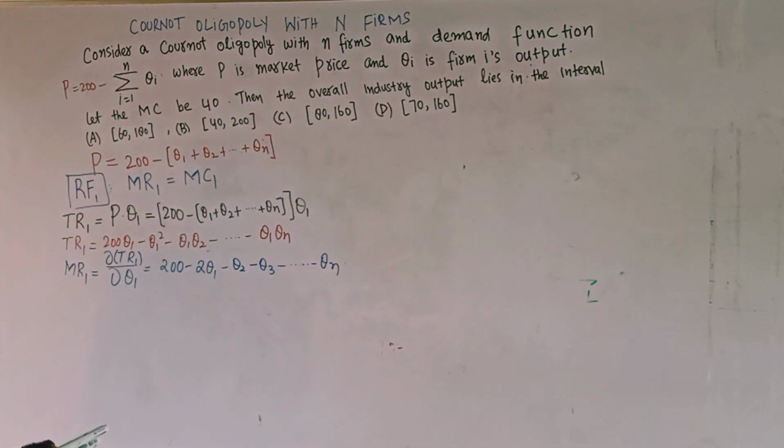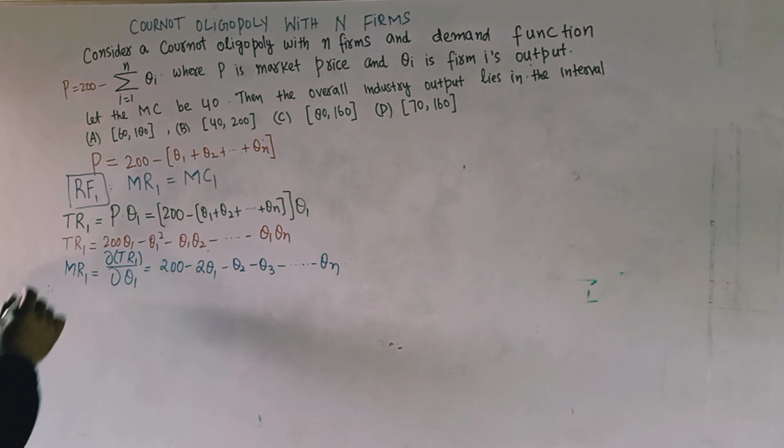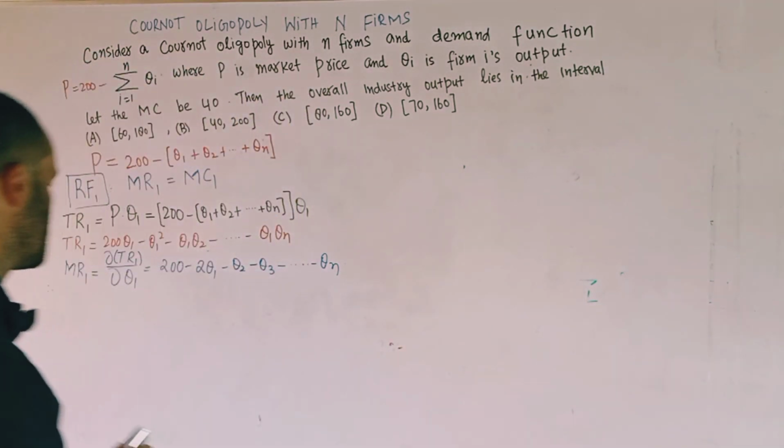Now equating it with the marginal cost. For profit maximization, firm 1 will equate its marginal revenue with its marginal cost.